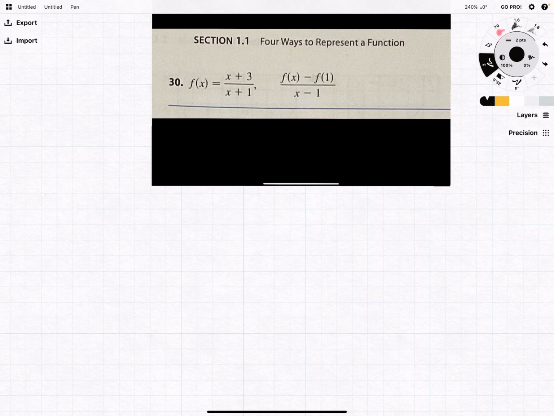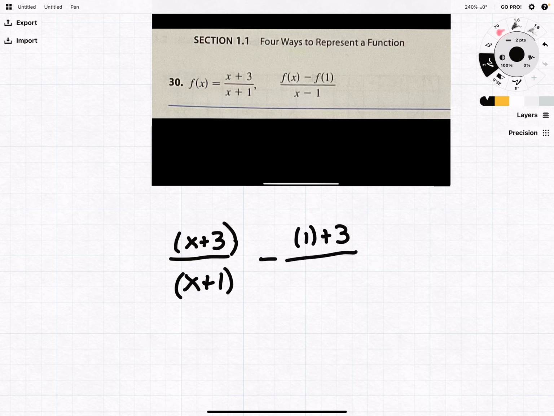So f of x equals (x plus 3) over (x plus 1). So let's do that. (x plus 3) over (x plus 1) minus f of 1, right? So we'll write minus (1 plus 3) divided by (1 plus 1).